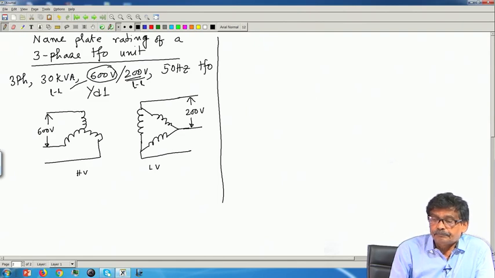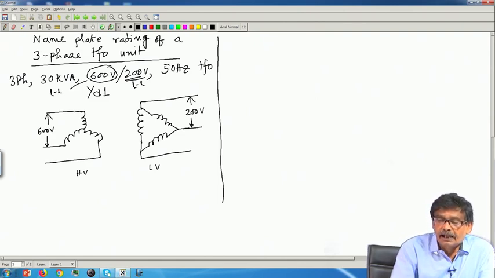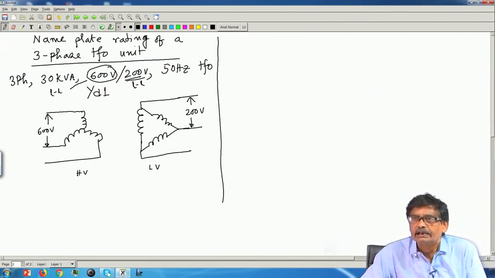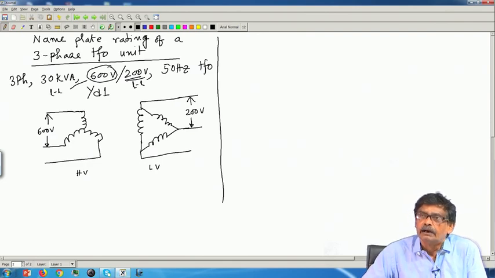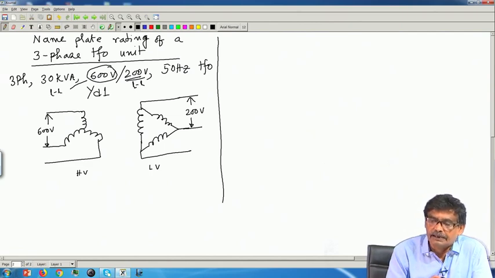Okay. What about the current rating? I told you in a transformer kVA and voltages are given, current values are not explicitly specified. From kVA and voltage information, you have to find out the rated currents of the winding.